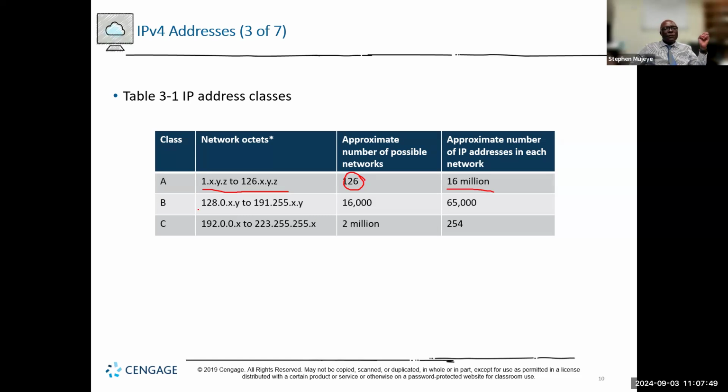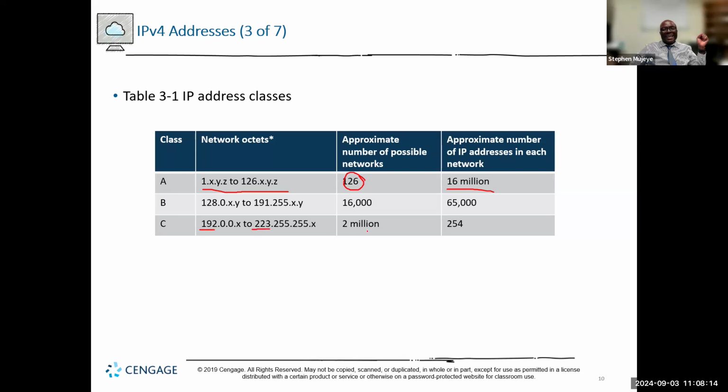Class B starts from 128.0 to 191.255. And notice something right here, that 127 is excluded. We'll talk about that in a little bit. And then Class C starts at 192 and ends at 223.